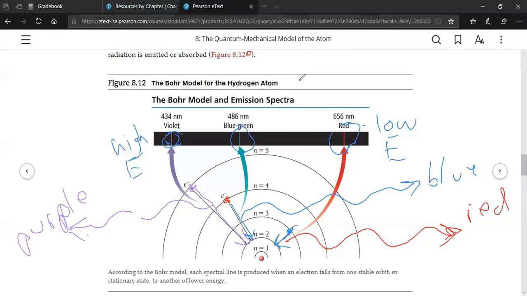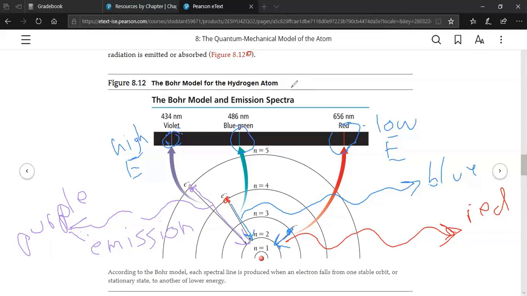Okay, so all those things are called emission lines. So this is emission. And that's what's happening in that gas tube. Now, the reason why it has to be hooked up to an electric current for it to do this is because the electrons don't really like being way out here in these other orbits.